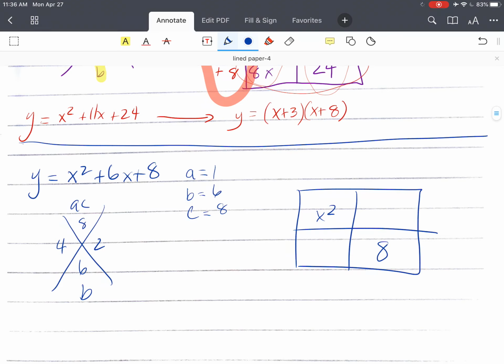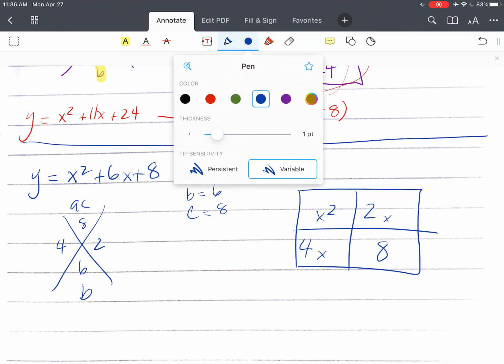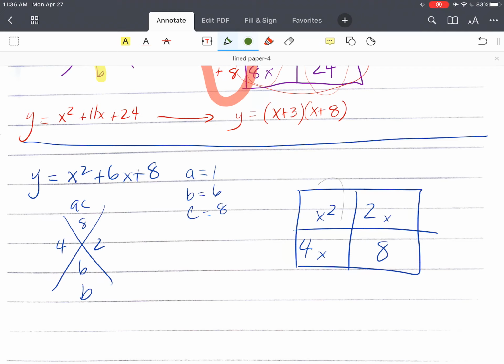What this means is you're going to set up your box. You're going to put the x squared term here, and you're going to put the constant diagonally across, the 8. You're going to put the 4 and the 2, and then you're going to add the x's. Use a different color for the factoring. Let's do this one. X squared and 4x, what do they both have in common? An x. What does the x squared and the 2x have in common?